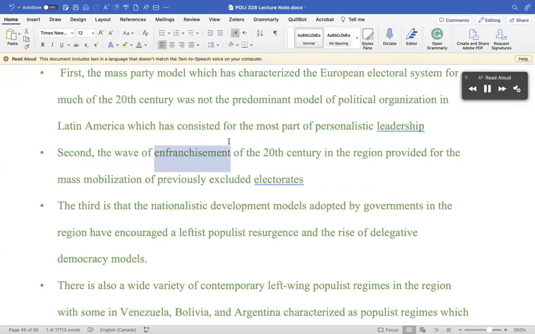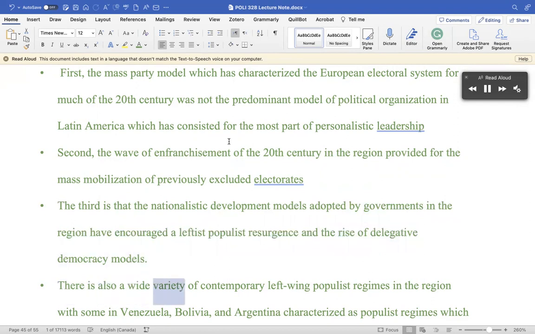Second, the wave of enfranchisement of the 20th century in the region provided for the mass mobilization of previously excluded electorates. The third is that the nationalistic development models adopted by governments in the region have encouraged a leftist populist resurgence and the rise of delegative democracy models.